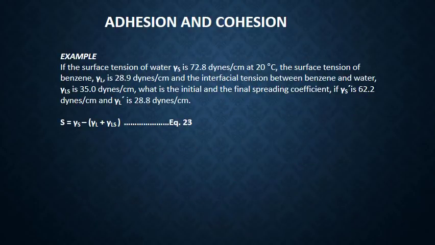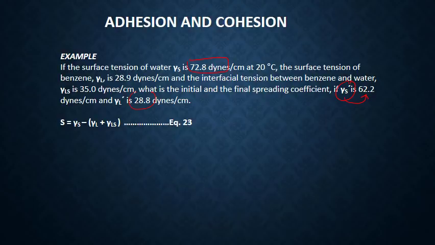Okay, so an example question. If the surface tension of water is 72.8, please remember this figure at 20 degrees, and the surface tension of benzene is 28.9, and the interfacial tension between them is 35. What are the initial and final spreading coefficients if after a certain time the surface tension of water changes to 62.2, and that of benzene becomes 28.8?